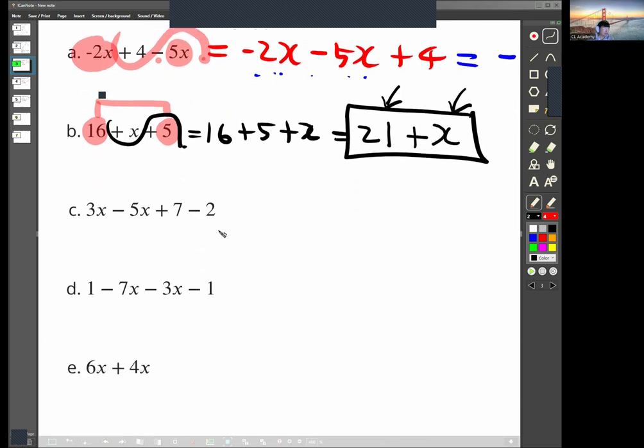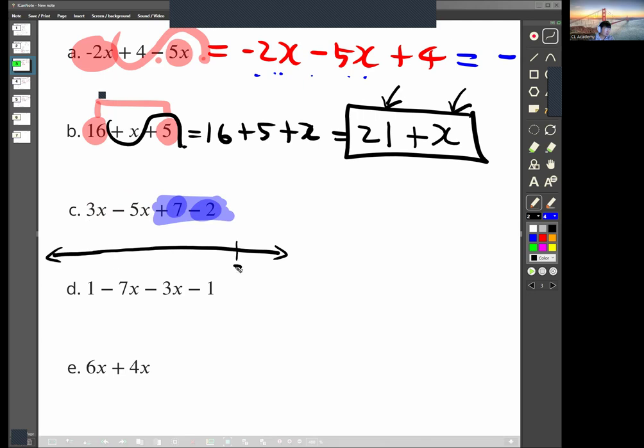Now a little bit harder one. It has x, it has x. So they are like terms, so you can add or subtract. Also, this is a constant, this is a constant. So you can add or subtract. So first, I'm going to do 3x minus 5x. Again, if you get confused, then draw the number line.